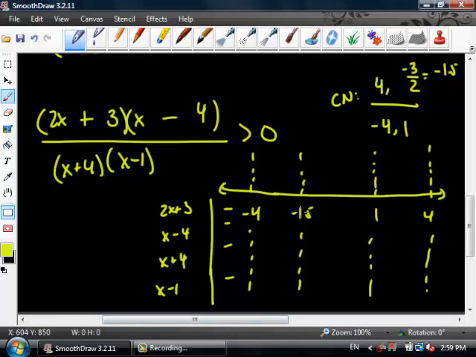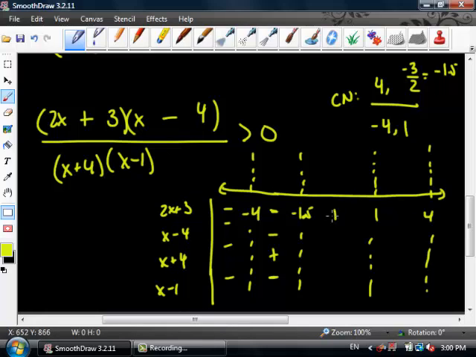In between -4 and -1.5, say -3. -3 times 2 is -6, plus 3 is negative. See, -3 is going to be negative, positive, negative down here. In between -1.5 and 1 is 0, so there's positive, negative, positive, negative.